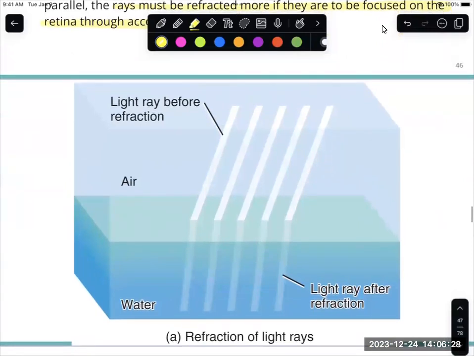The best example of how this is done is light rays being refracted through water. This is the best experiment that can be done to show how these light rays are being refracted, just like they are in our cornea and then through our lens.